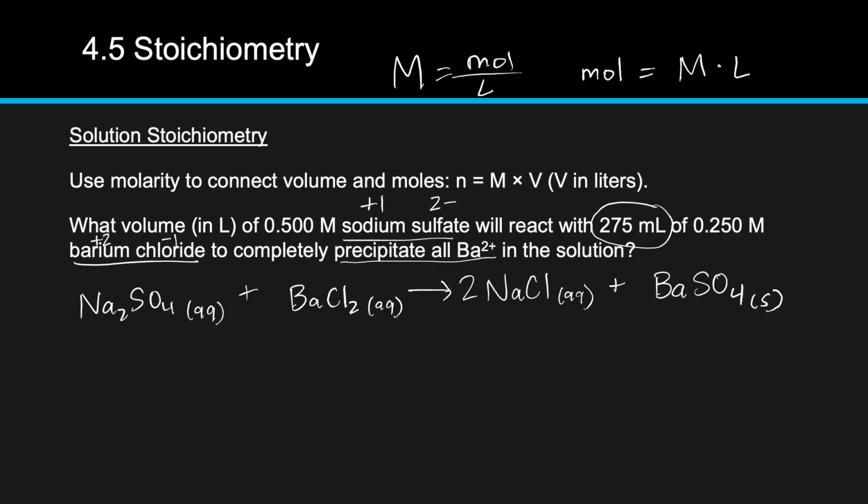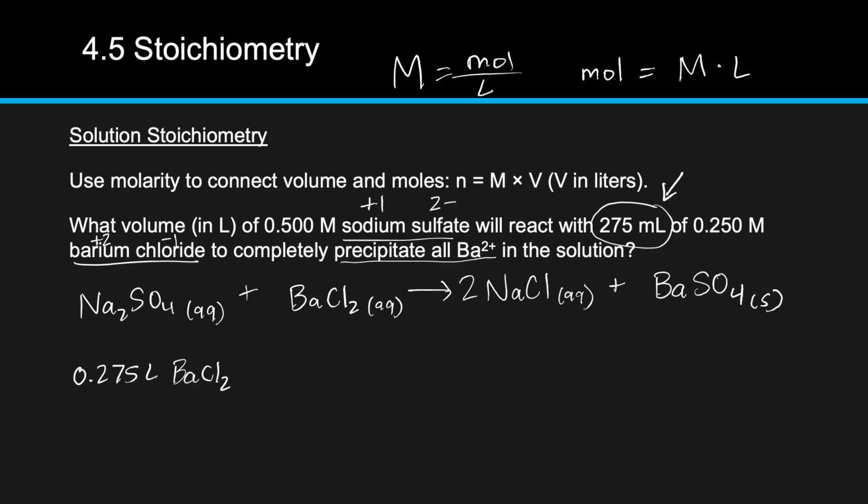So now let's go ahead and start all of our converting. I know when I'm dealing with concentration, it's always in liters. So I'm going to first convert my 275 milliliters to liters by dividing by 1,000. So that means I'm going to have 0.275 liters of BaCl2.